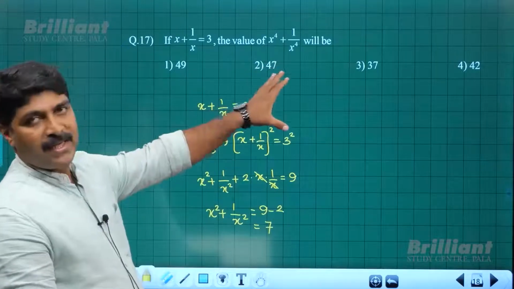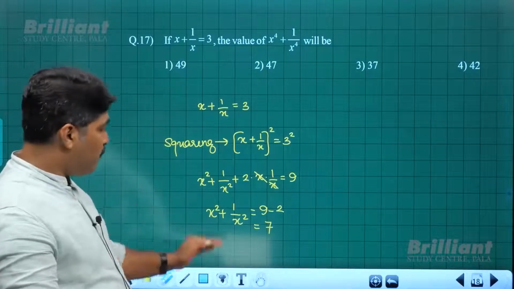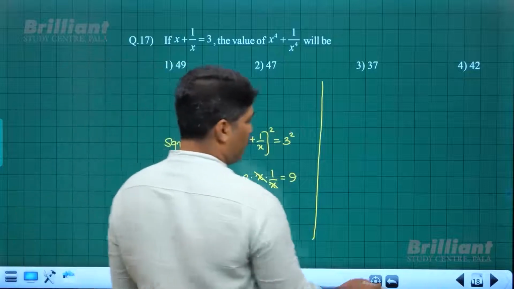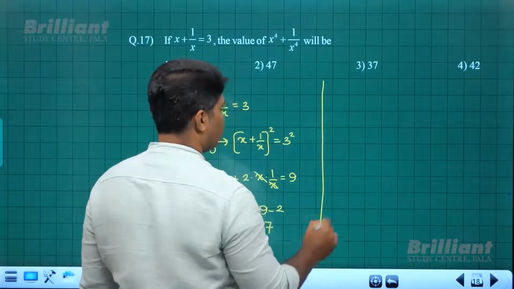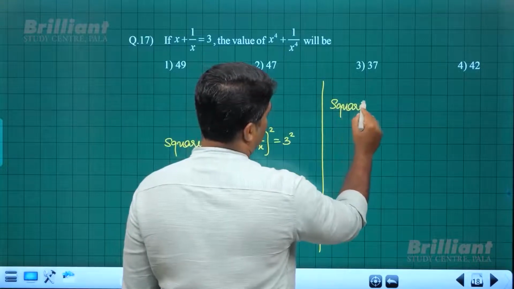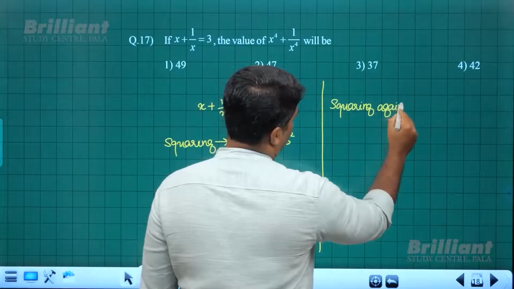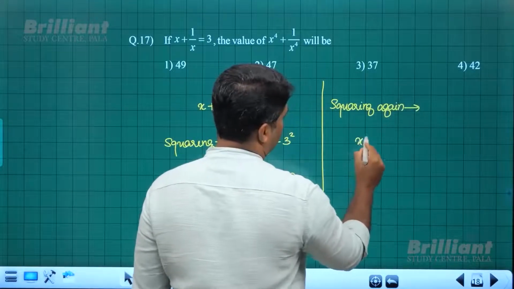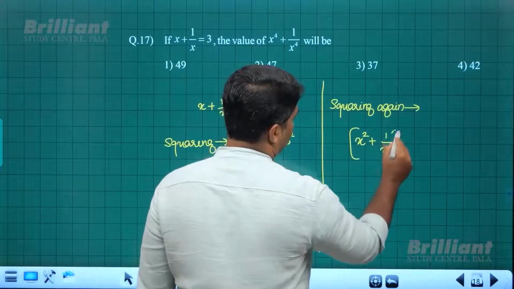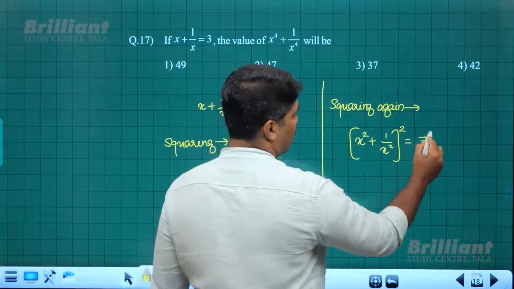If you need to find out x raised to 4 plus 1 by x raised to 4, we have to square this expression again. So x square plus 1 by x square, the whole square. On the right side, it is 7, therefore this is 7 square.